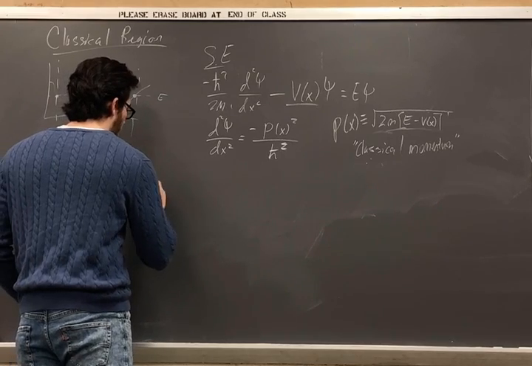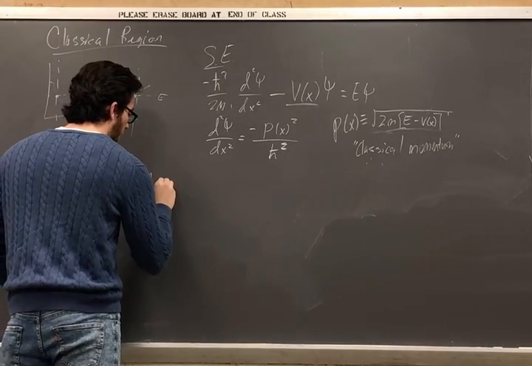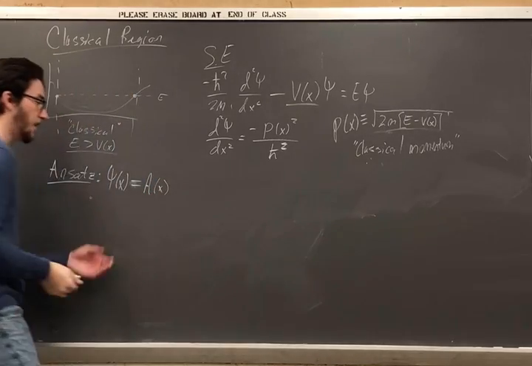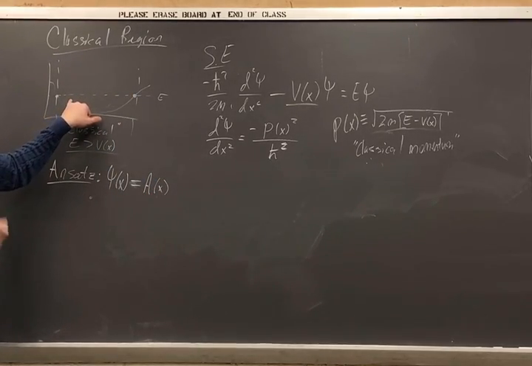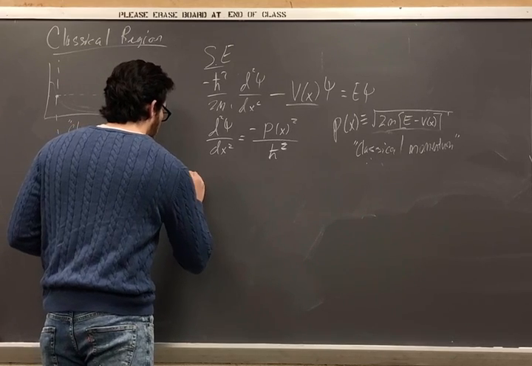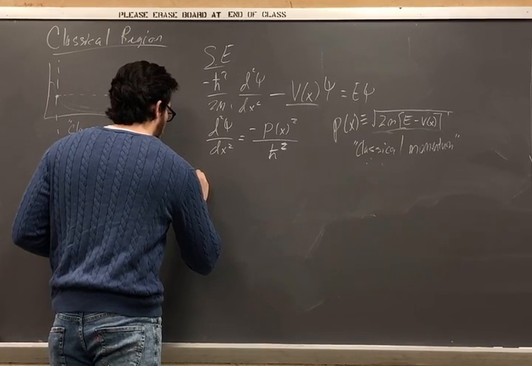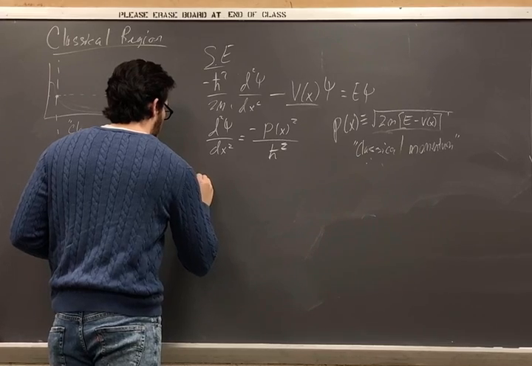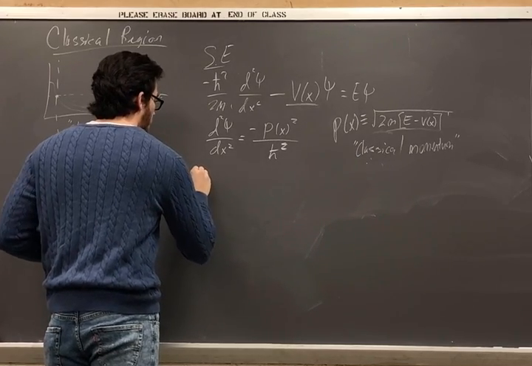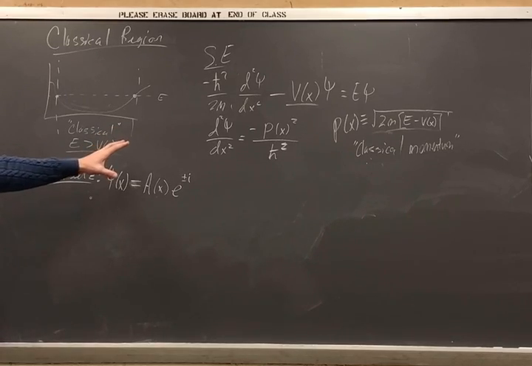So let's assume this: A, but now our amplitude is going to depend on x, right? It's going to have to because our V is changing. So our A has to change with it. And then e to the plus or minus i. Now here is something more interesting as well. We said that the wavelength changed, right?